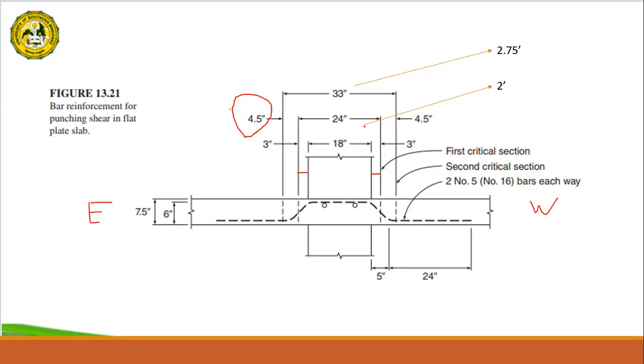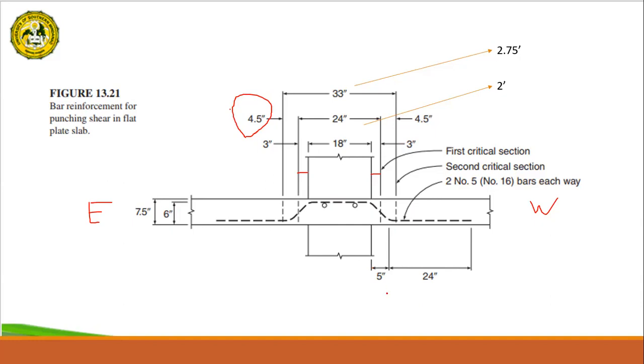So converting 24 inches to feet, we have here 2 feet for the 24 inches. And for the 33 inches, we have 2.75 feet. So our total thickness is 7.5 inches and our effective depth is 6 inches.